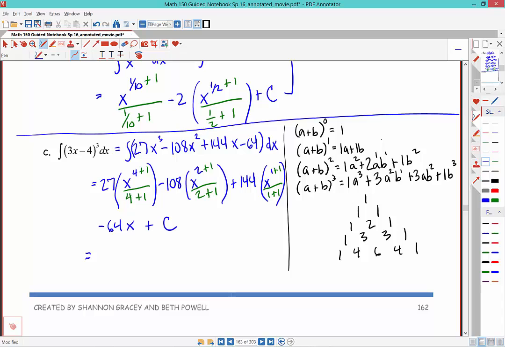So now what's going to happen? We'll get 27 fifths x to the 5th. And then what? I think we can divide 108 by 3, right? So that would be 36, minus 36 x cubed.